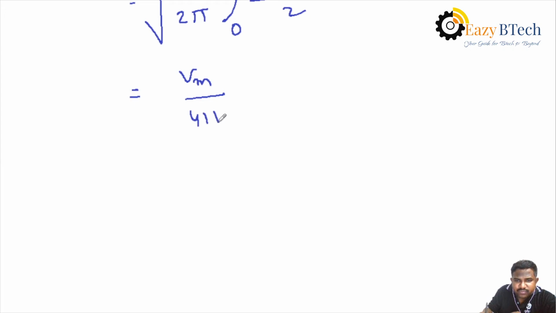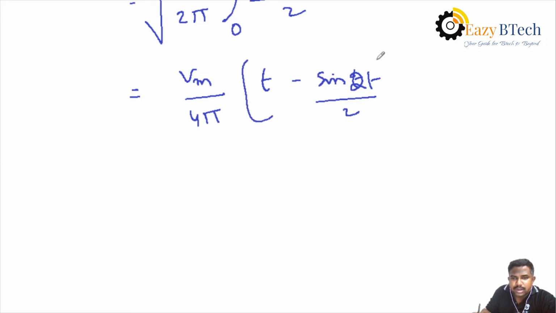Vm by 4 pi, 2 is constant taken outside. For integration of constant, t. For integration of cos 2t, sine 2t by 2. Then apply the limits here, 0 to 2 pi.